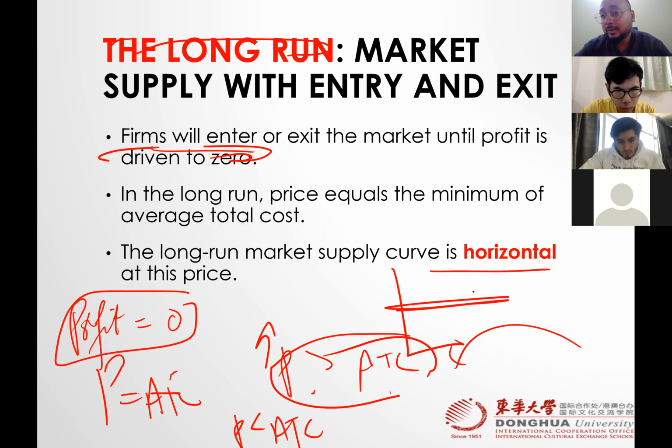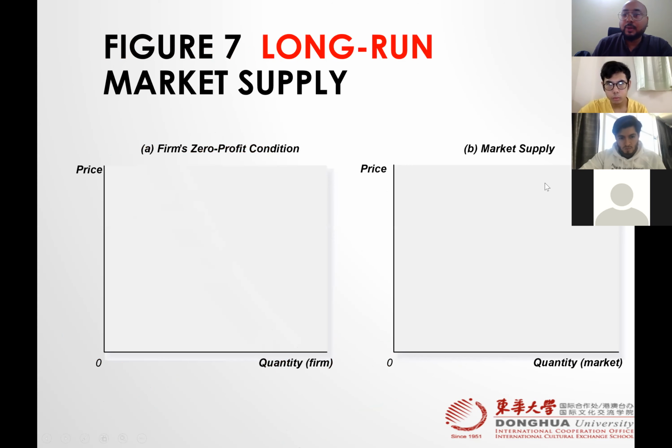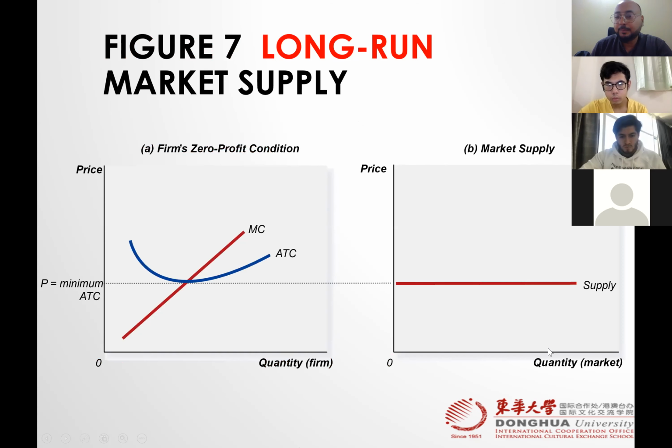The law of supply is that price increases, quantity increases, right? When quantity supplied remains the same, then it's a horizontal straight line. So here we go. The long-run supply curve would be like this, right? The short-run market supply curve will be upward sloping. Short run would be like this. The long-run market supply curve would be like this.